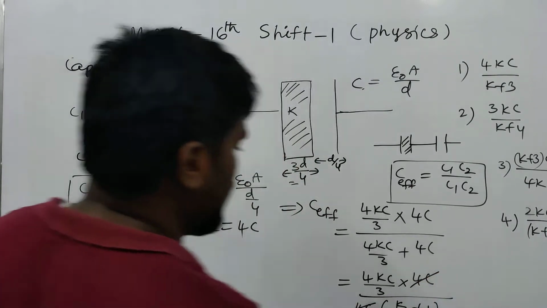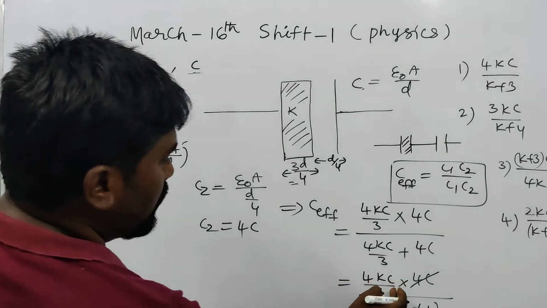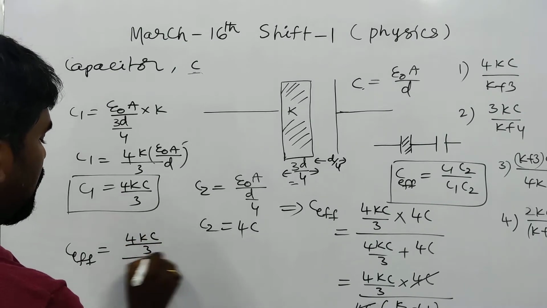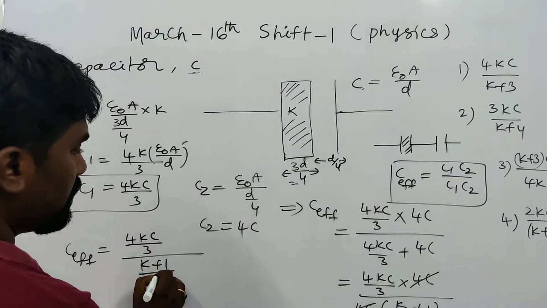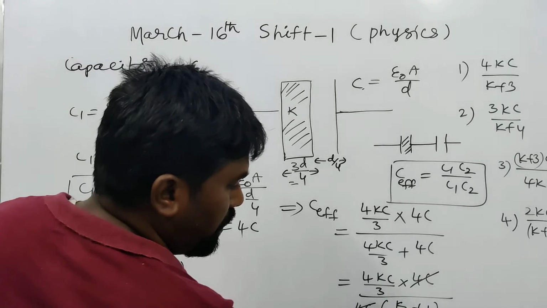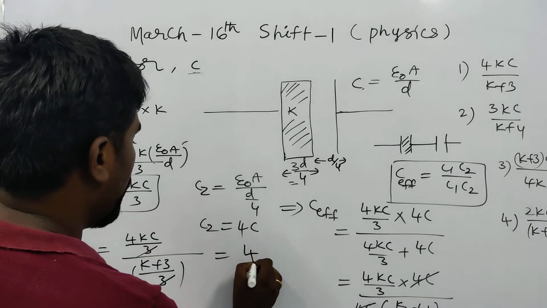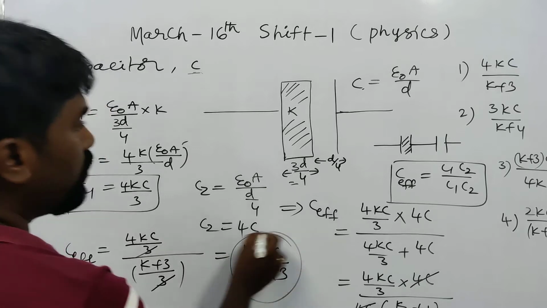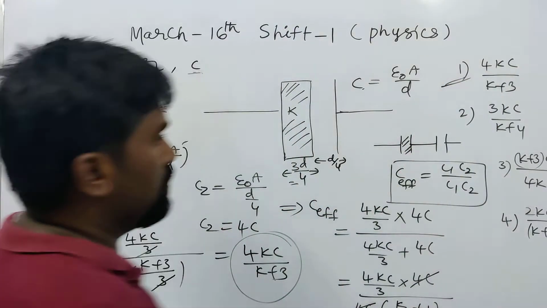This 4C and this 4C get cancelled. The remaining is 4KC by 3 divided by K plus 3 by 3. The 3 and 3 get cancelled, so it is 4KC by K plus 3. So this is the effective capacitance, and option A is the right answer.